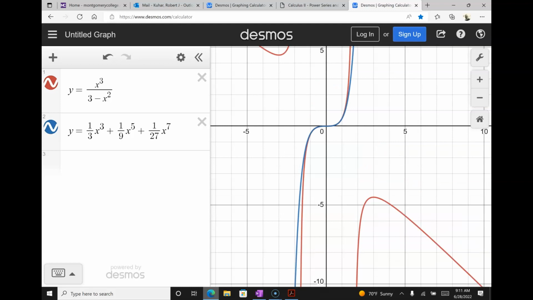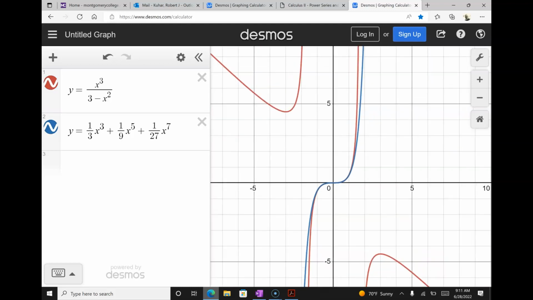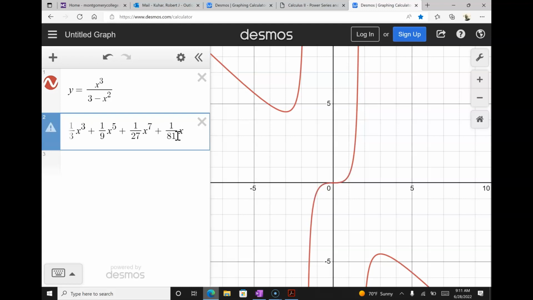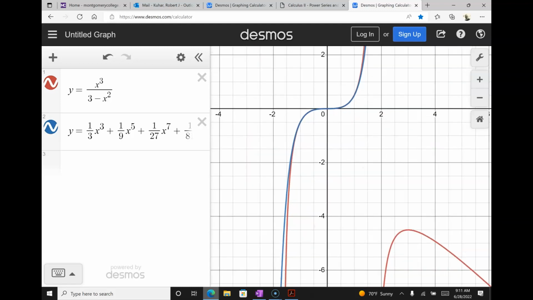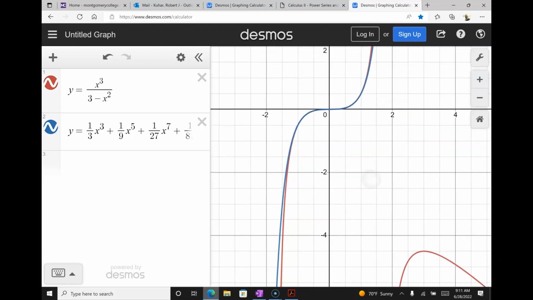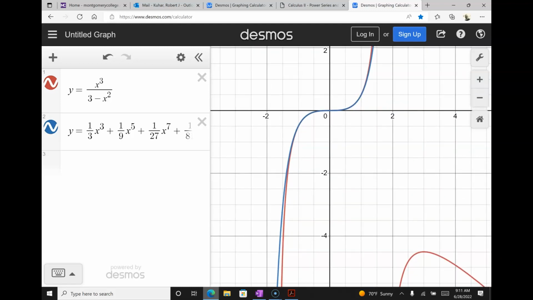The red, right? So I'm thinking maybe 2, but let me go one more, okay? Plus 1 over 81 times x to the 9th. But we know from the previous version that it's 3. So, but I'm thinking it's bigger than 1. From what I'm seeing, I'm thinking it's bigger than 1.